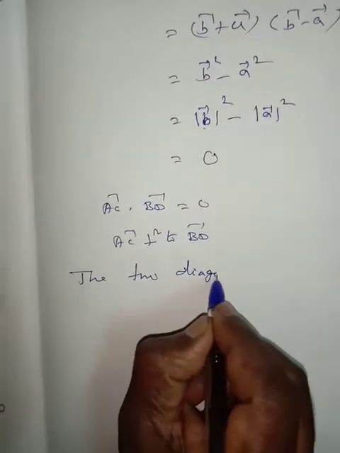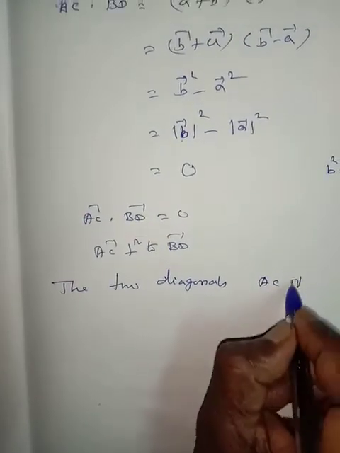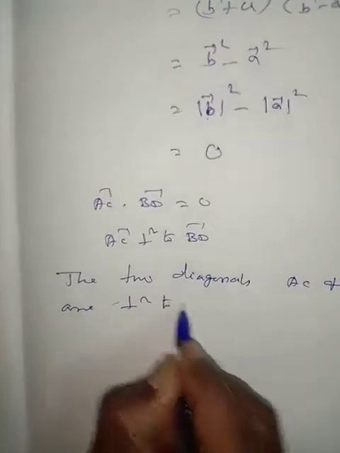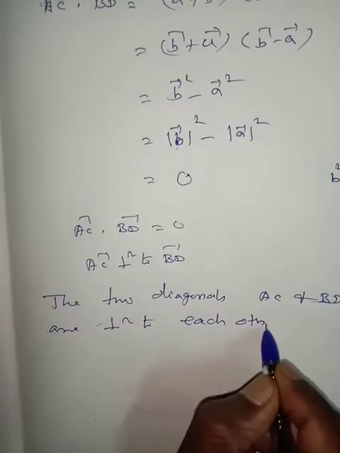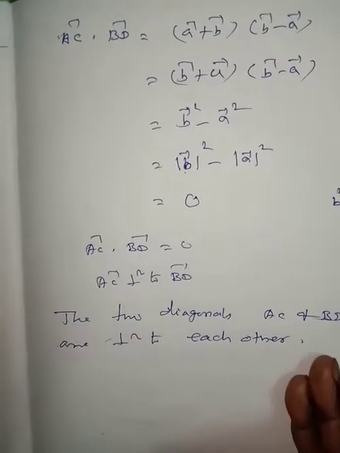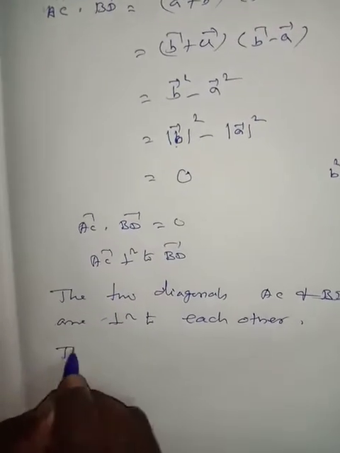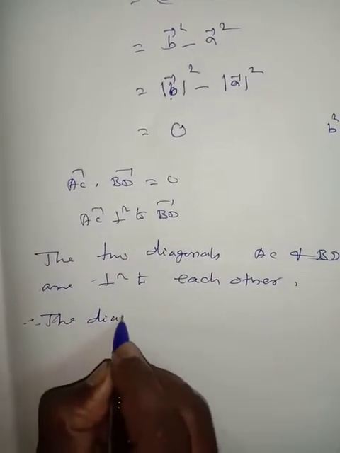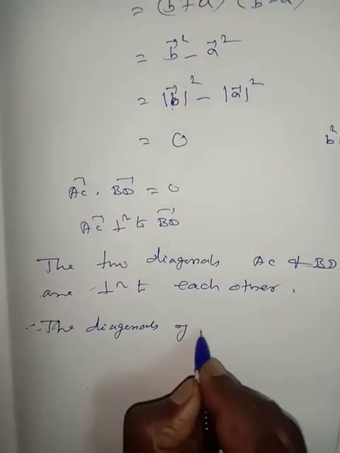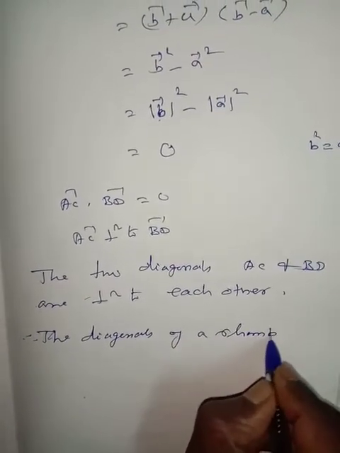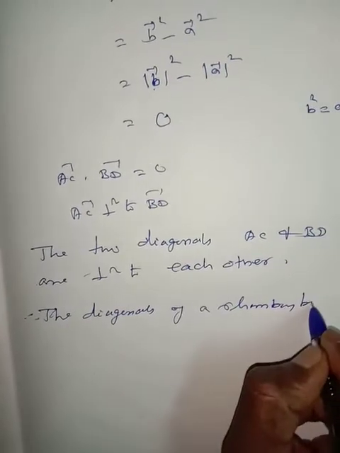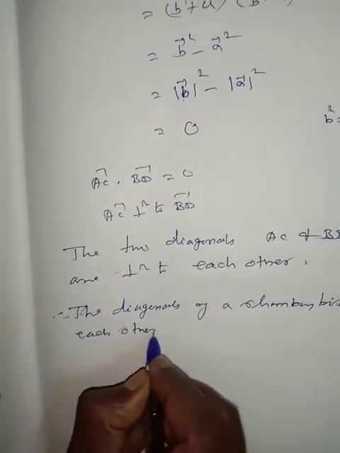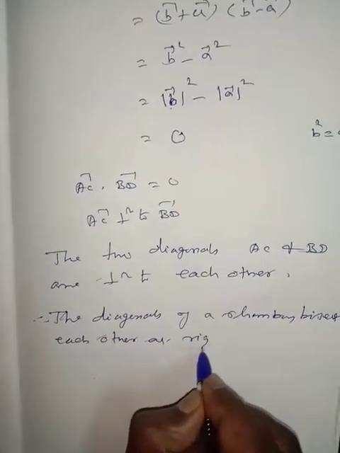Therefore, the diagonals of a rhombus bisect each other at right angle.